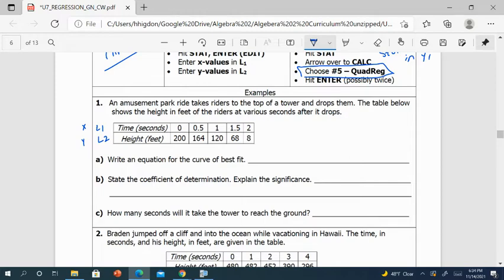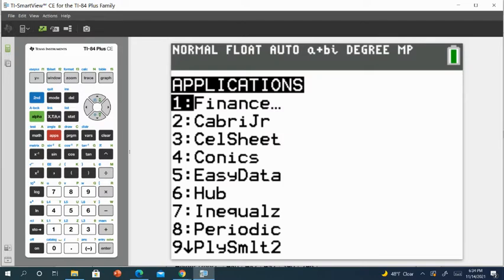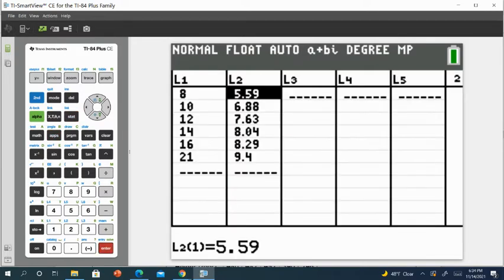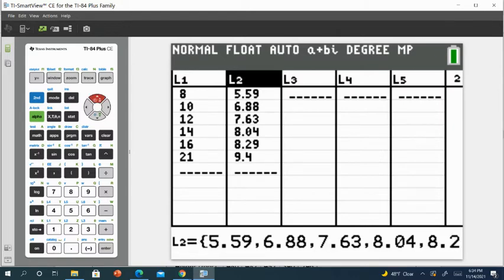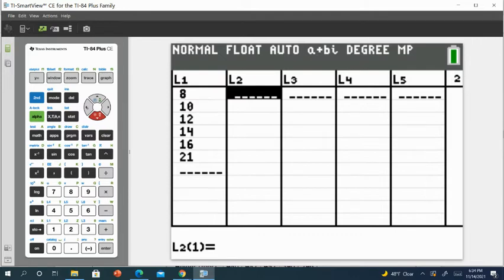So going to stat, edit. Just as a reminder, if you arrow all the way up so that L1 or L2 is highlighted, hit clear and then enter or down, it clears out that information.